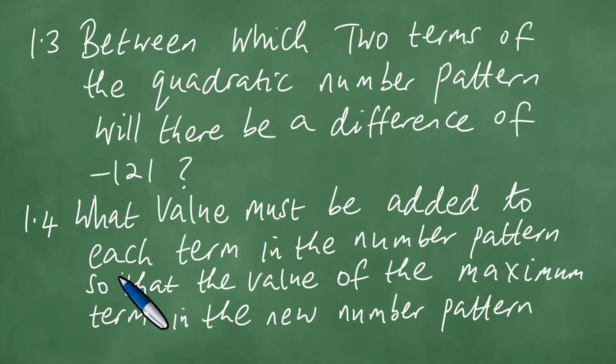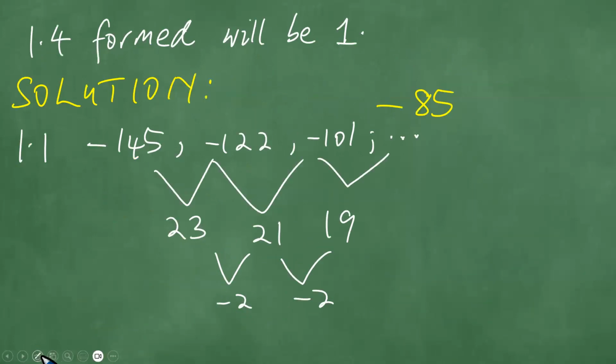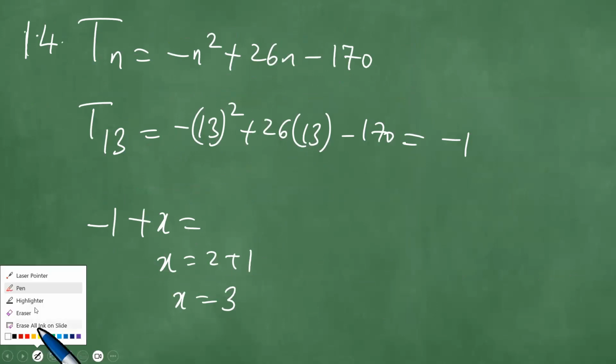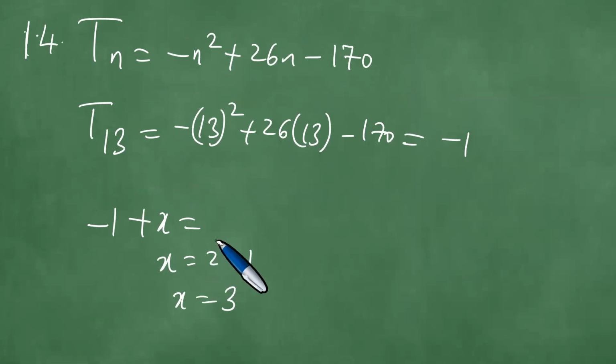In other words, what value must be added to each term in the number pattern so that the value of the maximum term in the new number pattern formed will be 1? So you're adding to the maximum. So you add here so that the result is 1.